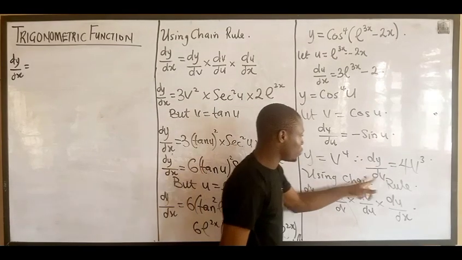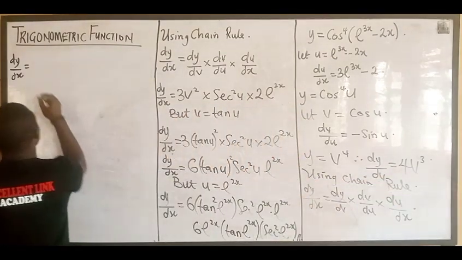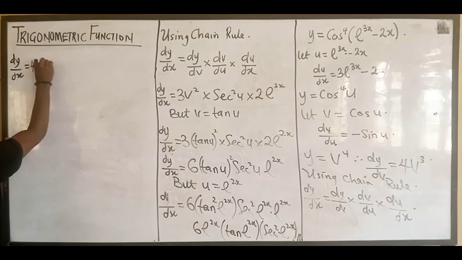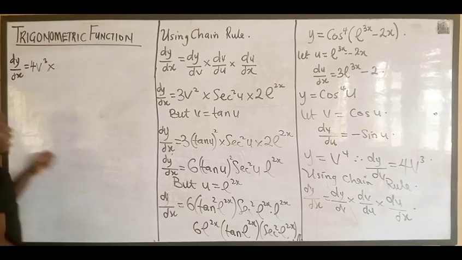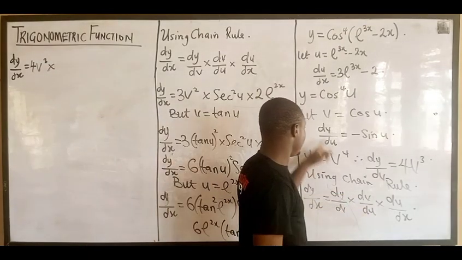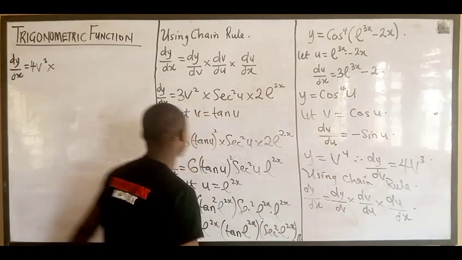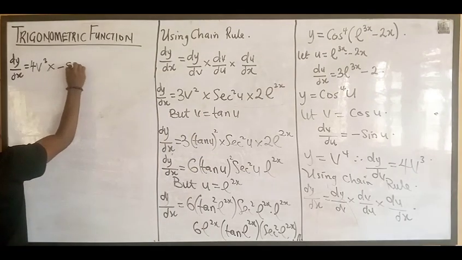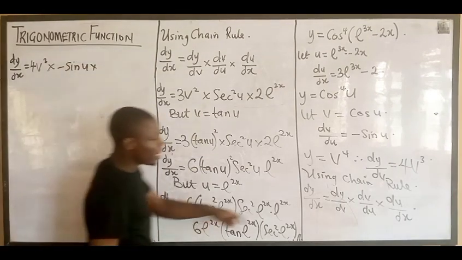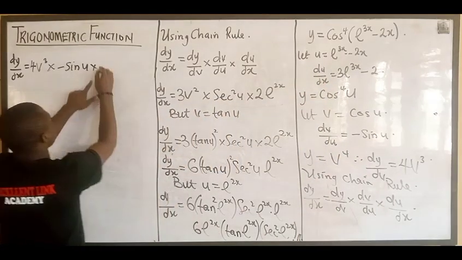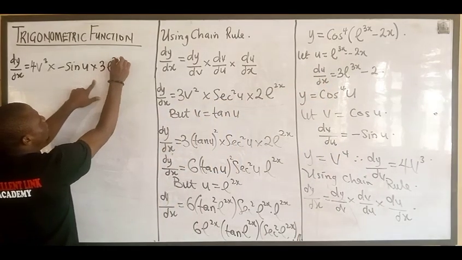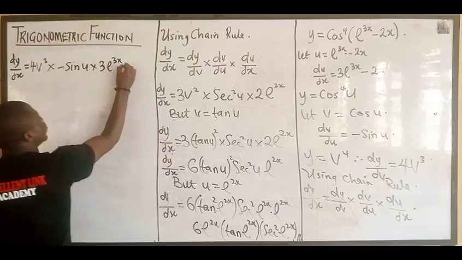Of course, dy/dv is 4v cubed, multiplying dv/du. dv/du is what? Negative sine u. Finally, I have du/dx, which is 3 exponential 3x, then negative 2.